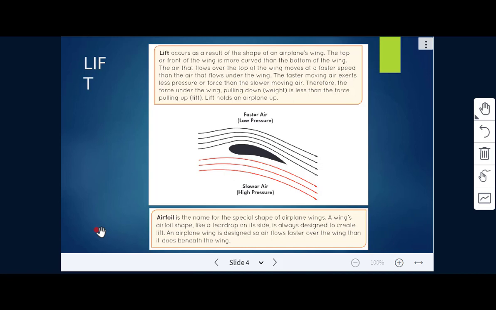It's like a teardrop on its side, and it's always designed that way to create lift. An airplane wing is designed so that air flows faster over the wing than it does beneath the wing. Note here, faster air has lower pressure, slower air has higher pressure.